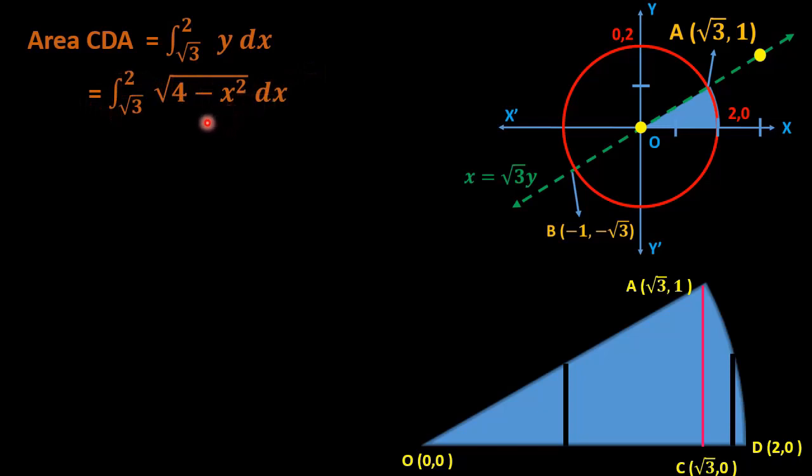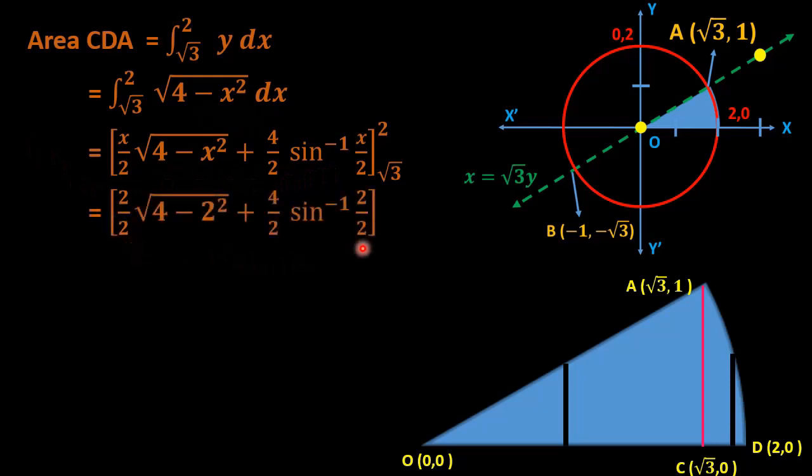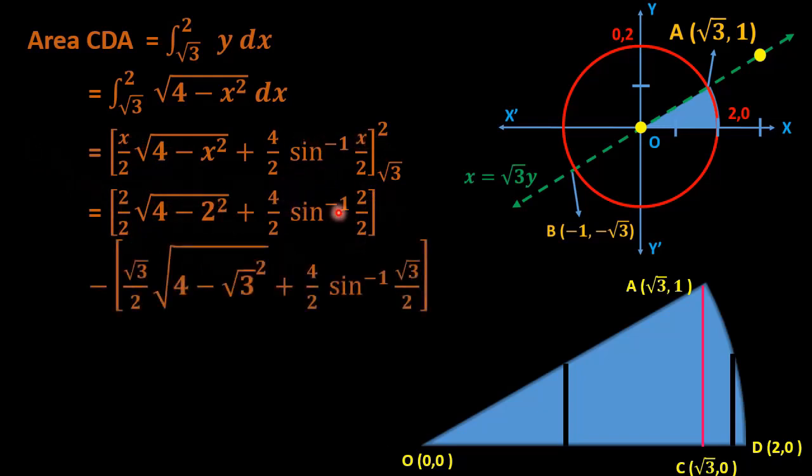Here we have to use the formula for the integration of under root a square minus x square. After using that formula, we get this expression. Putting the upper limit, wherever there is x, we put 2, then minus, and we put the lower limit, root 3, wherever there is x.